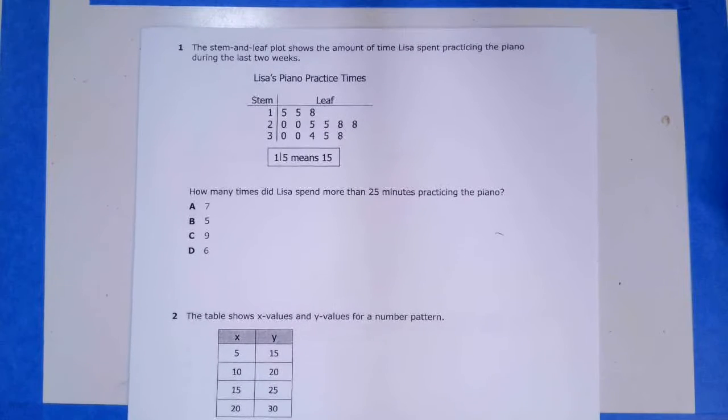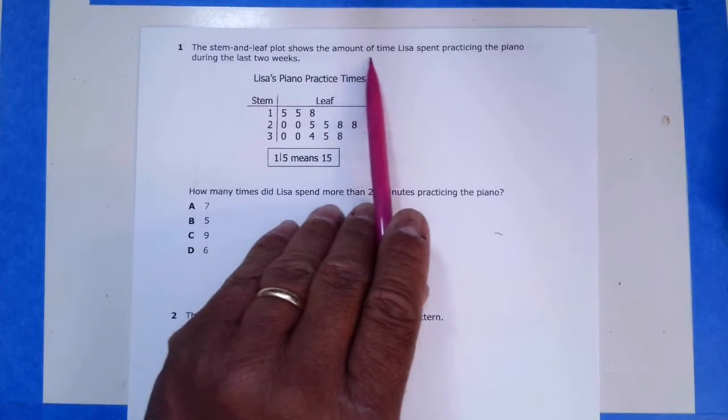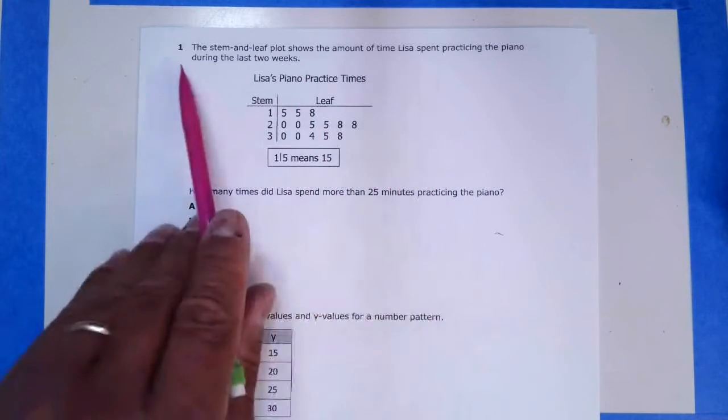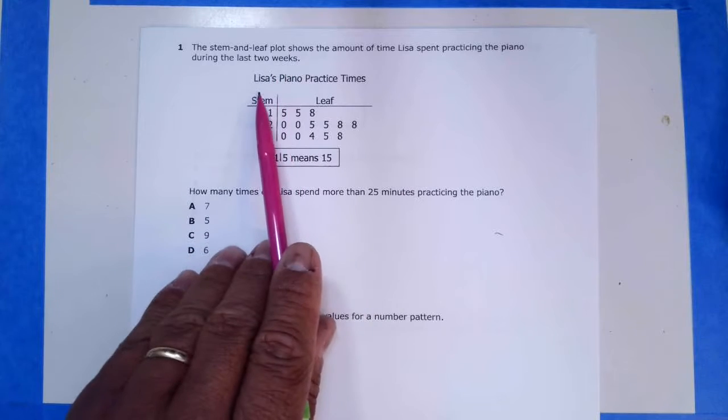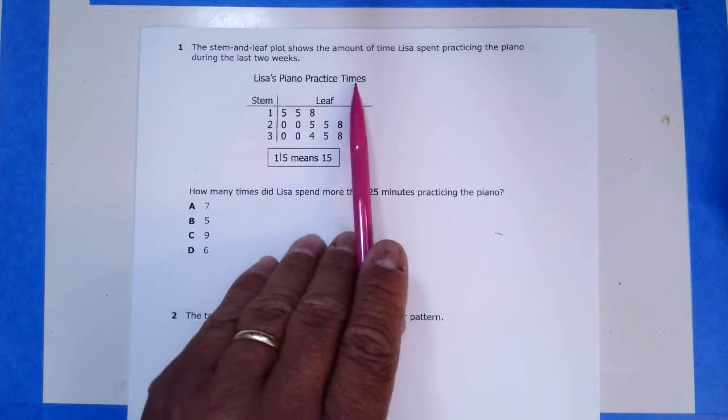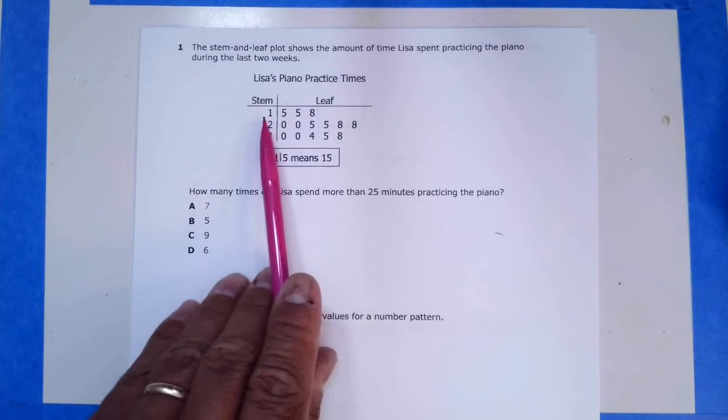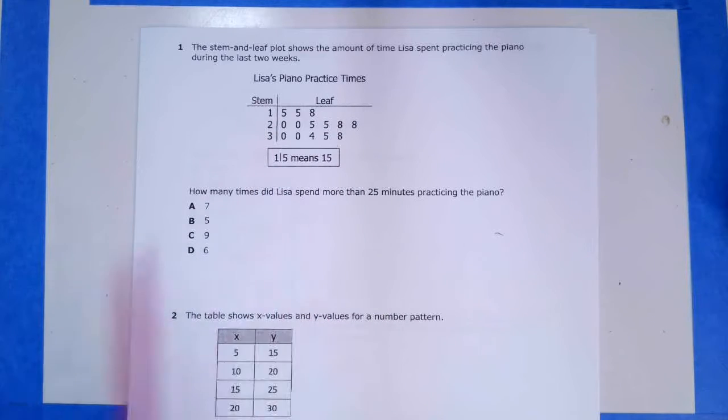On question number 1, we have the stem and leaf plot shows the amount of time Lisa spent practicing the piano during the last 2 weeks. Lisa's piano practice times, stem, leaf.